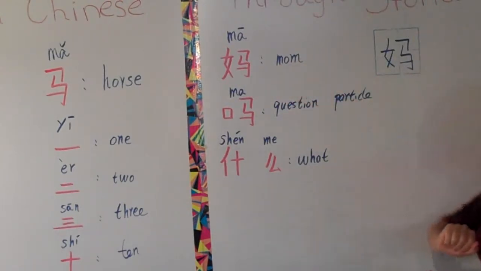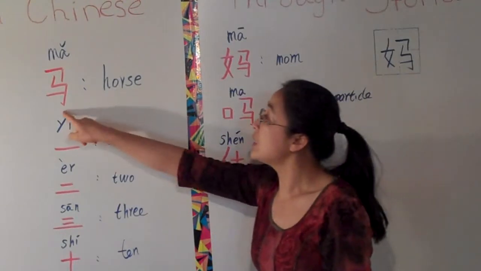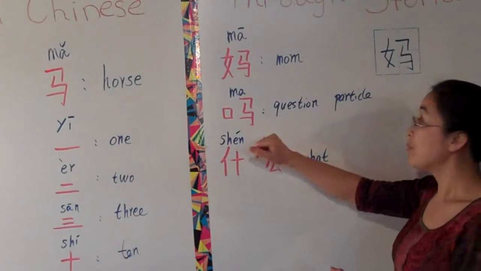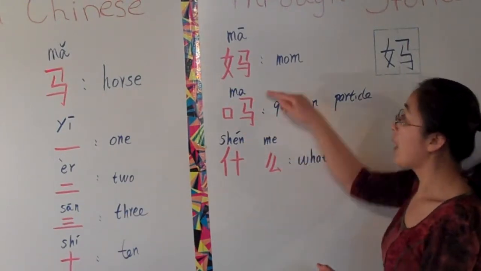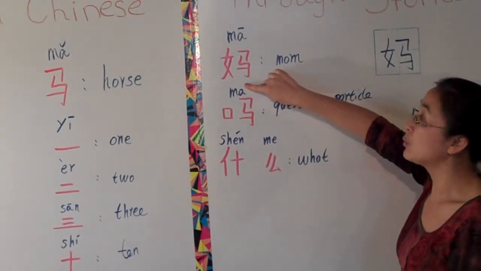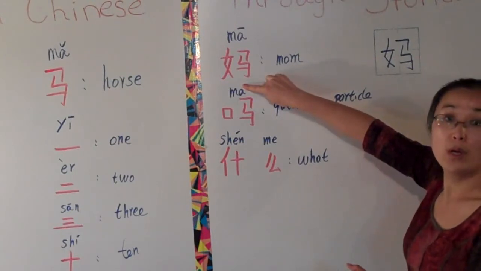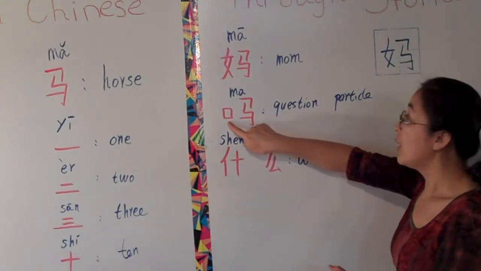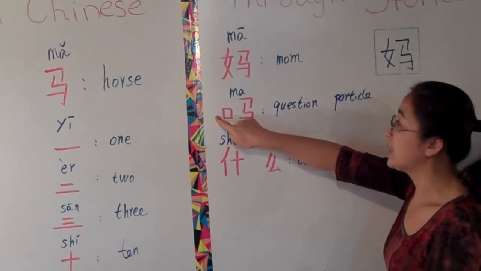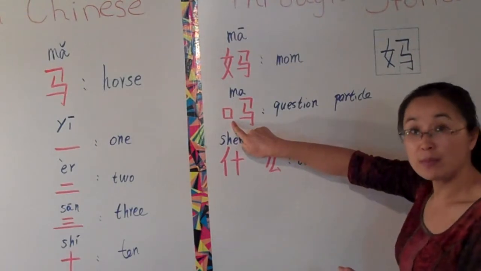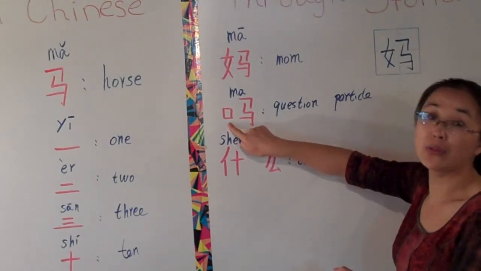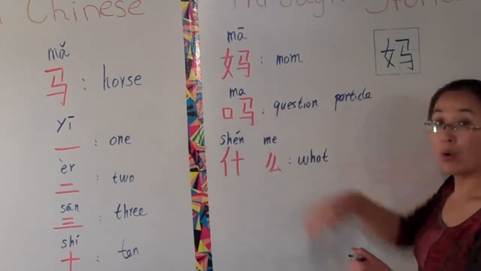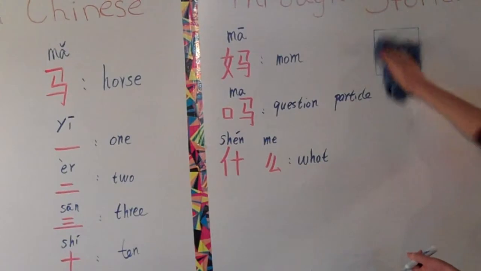Still with this character, we can make up another complicated one, which is the next one. 吗. This one has no tone, which means it's a neutral tone. You pronounce it light and quick. The left part has this radical. What does it mean? Yes, that's the mouth radical. Mouth and horse together.